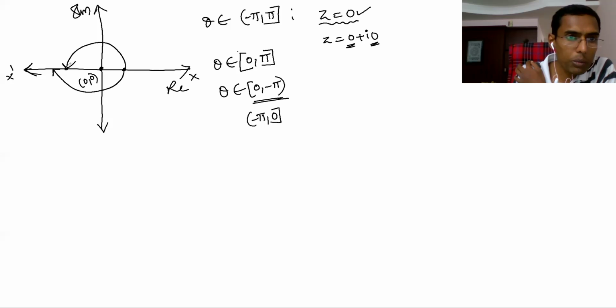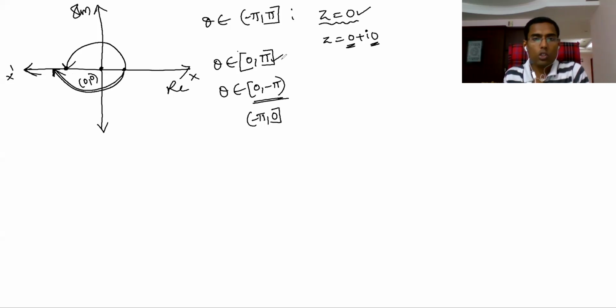Already, with 0 to pi, I have taken pi on this negative x-axis. I need not take minus pi again for the negative x-axis. If I take 0 to minus pi, pi is included twice. Pi means the negative x-axis, and minus pi again means the negative x-axis. That is the reason we don't include minus pi, because we are including pi. This is the principal argument.